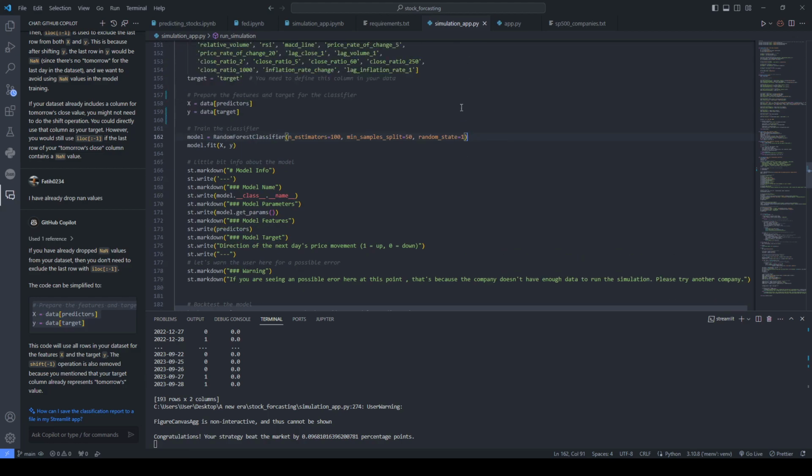I didn't do any grid search or random search for parameter tuning, because the data in the app always changes, so it doesn't really make sense.